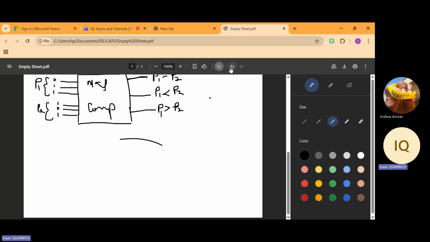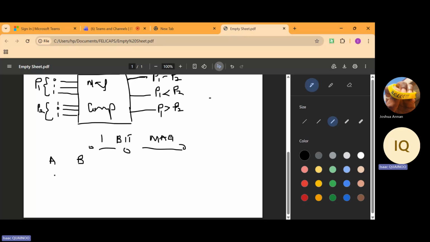So let us look at the truth table for a 2-bit magnitude comparator. Well, let's first look at a 1-bit magnitude comparator, the truth table. When it comes to 1-bit magnitude comparators, you know that it only takes 2 inputs, right?